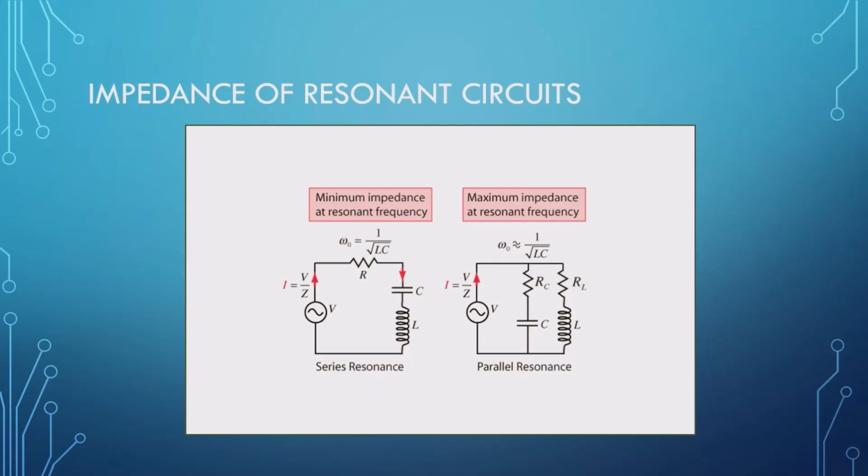You get maximum impedance if you create a parallel circuit with the capacitance and the inductance. You'll see from the designs we're going to be doing, it's a mash of both series resonance circuits and parallel resonance circuits for the filters we're going to be building.